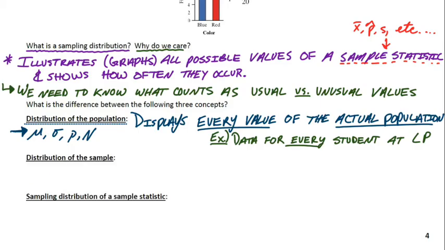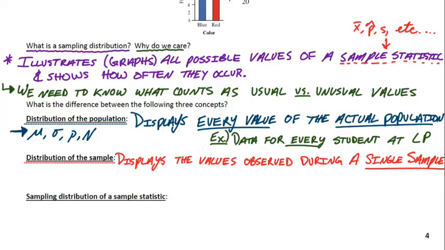How about the distribution of the sample? So the sample implies kind of singular. So in red here, well, the distribution of the sample, we could say displays the values observed during a single sample. Like when I was pointing out individual kids with the chips example earlier, I got 12 blue chips, I got 8 red chips.